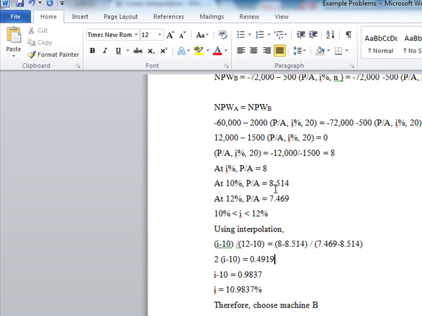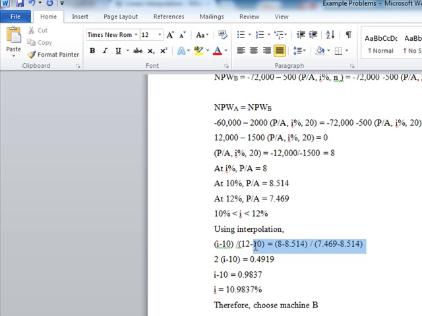At I, I have 8. At 10%, I have P given A as 8.514. So 8 minus 8.514, divided by 7.469 at 12%, so 12% here, 7.469 minus at 10% we have 8.514. So that's the equation for the interpolation.